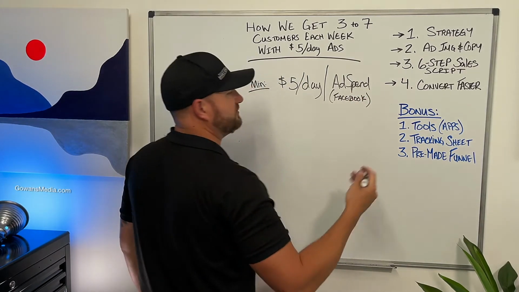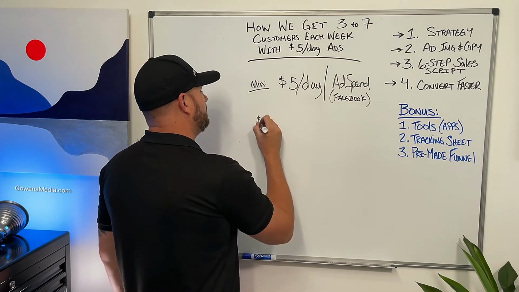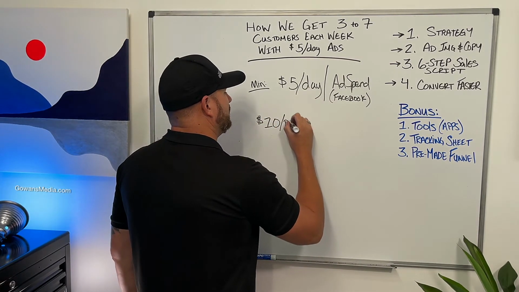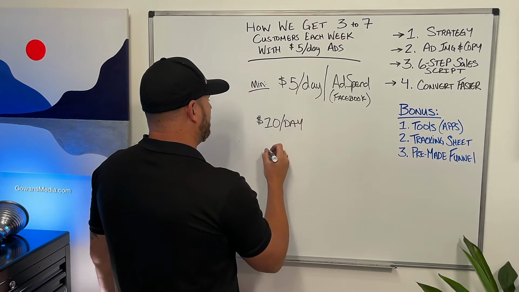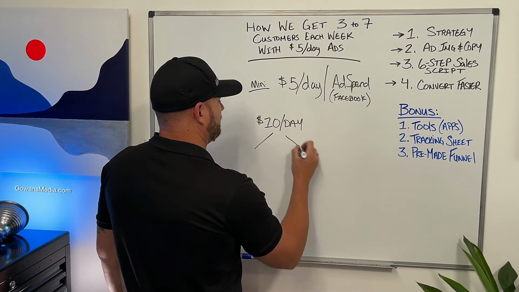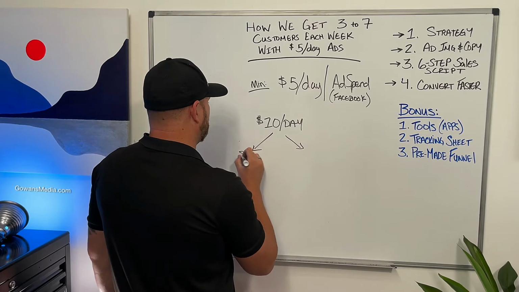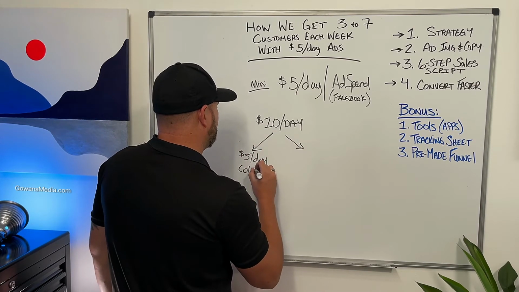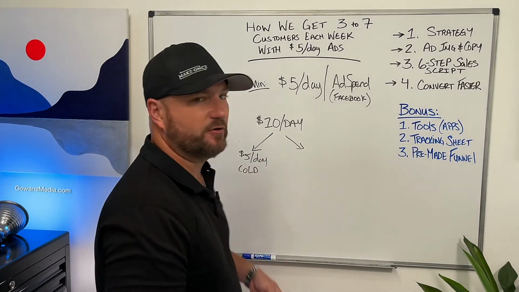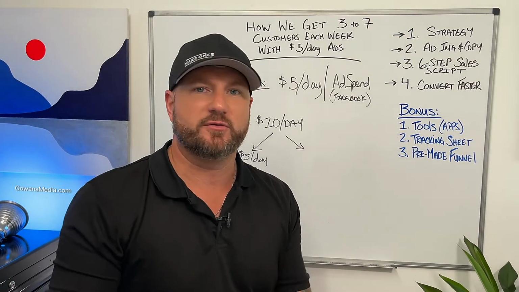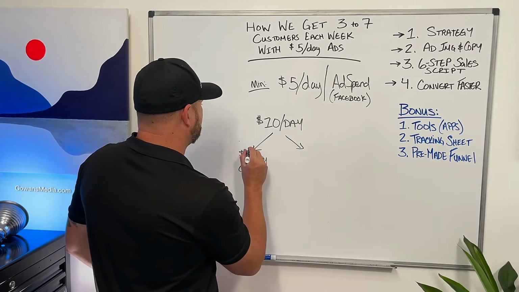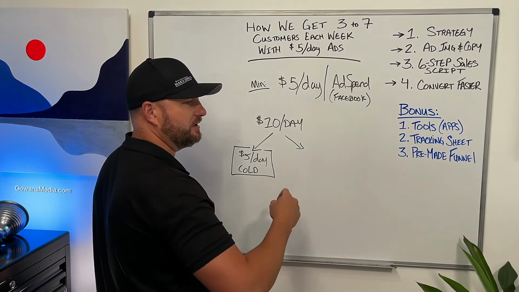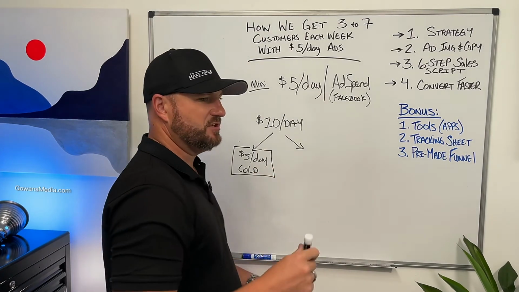Now, what I suggest is that you spend, so this is just my suggestion, you don't have to do this. I suggest you spend $10 a day. Here's why. If we split this out, I like to do $5 per day on cold market, meaning we're going to find people that have never heard of you or have not tried you or didn't know you existed, and we're going to be spending $5 a day using these special event campaigns that are going to target and take advantage of people that are at a certain point in their lives.